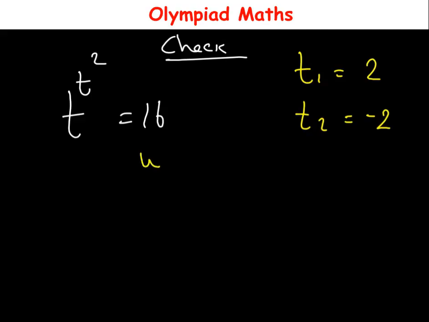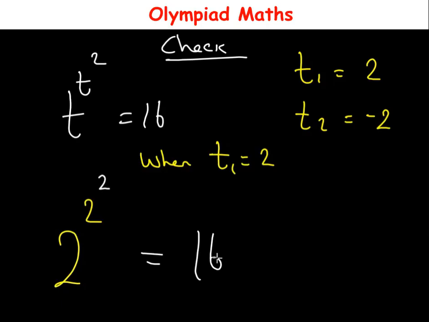So when t is equal to 2, that is t1 equals 2, putting the value of t as 2 in this equation, we have 2, then raised to power t, which is also 2, then all raised to power 2, does this equal 16?